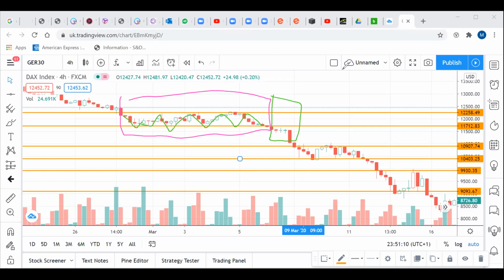Oh, sorry, the support. It broke through the support. These green candles indicate buy. Then it retested the green candles, it retested and then dropped.